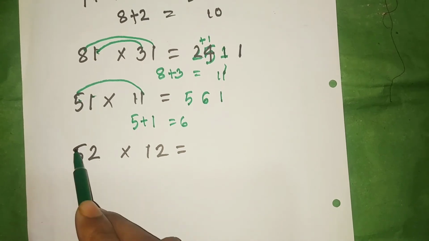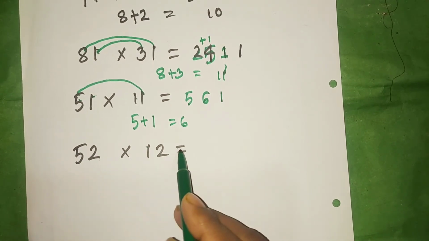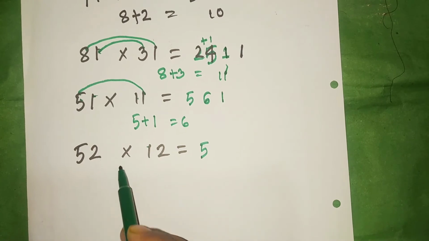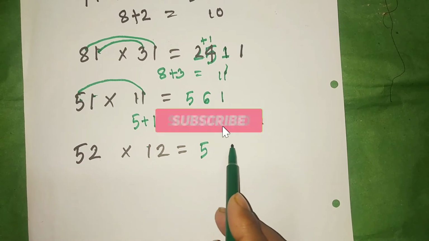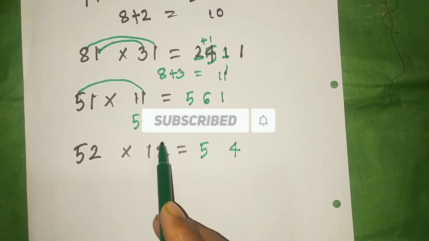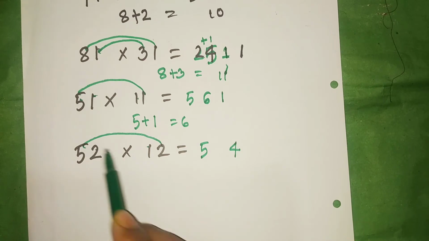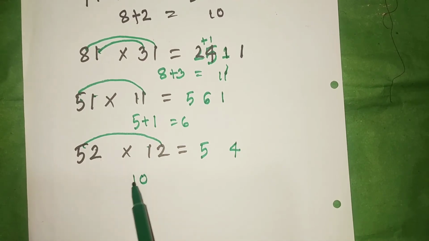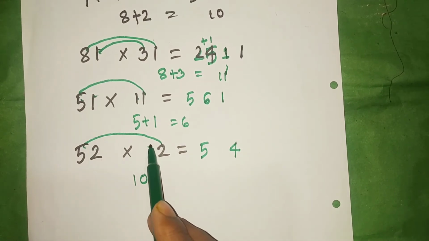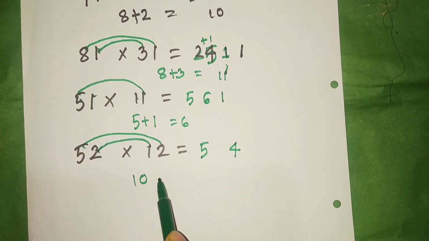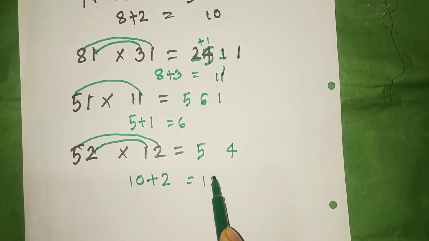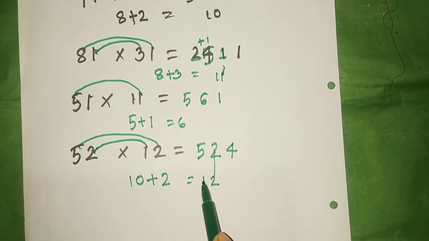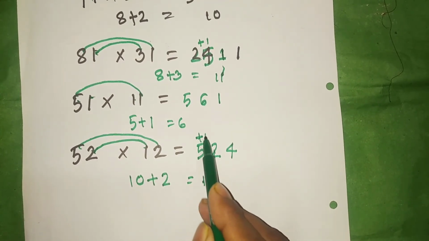First two digits multiply, 5 and 1 multiply 5, and last two digits multiply, 2 and 2 multiply 4, and now 5 2 multiply 10, and now 1 2 multiply 2, and together we have 12, and 2 put here, and 1 at 5.